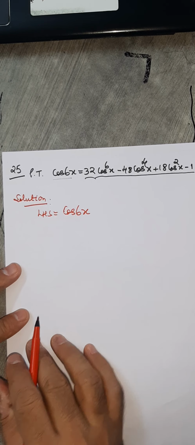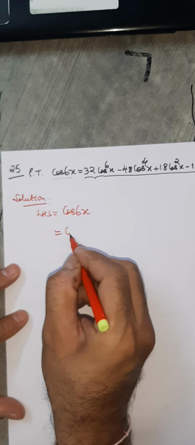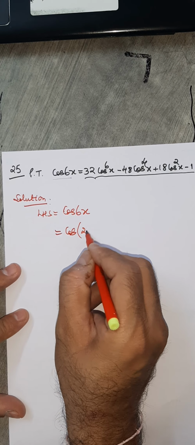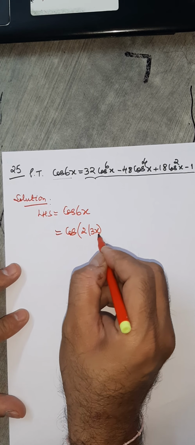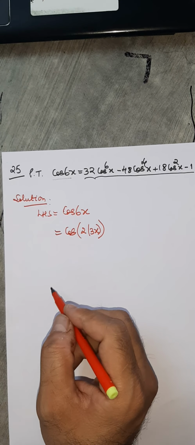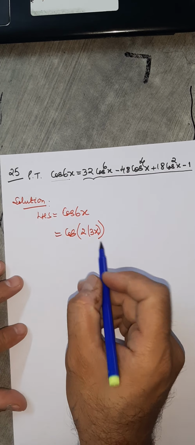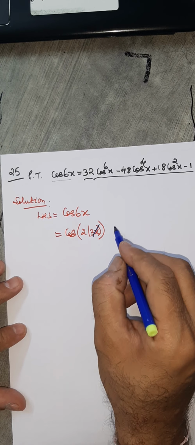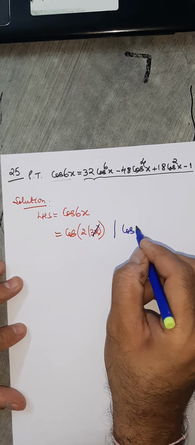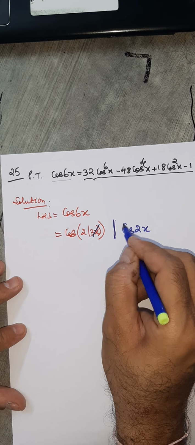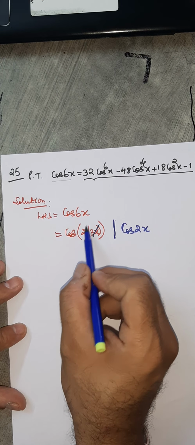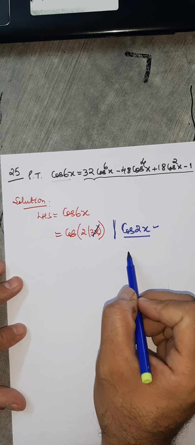So I'll rewrite it like this: cosine 2 into 3x. Fine. Now this looks like x, remember. So it becomes a formula for cos 2x. You imagine this bracket like x, so this looks like cos 2x.